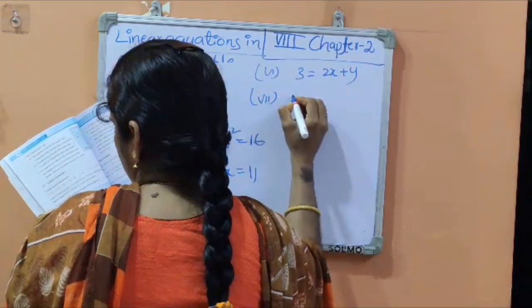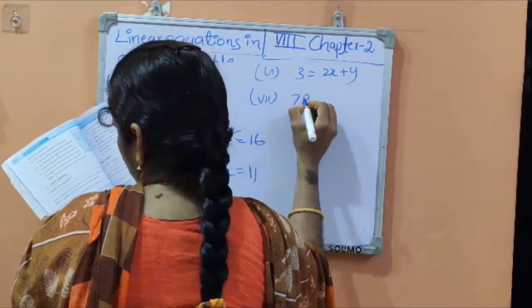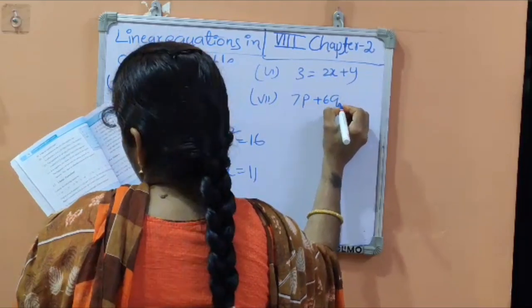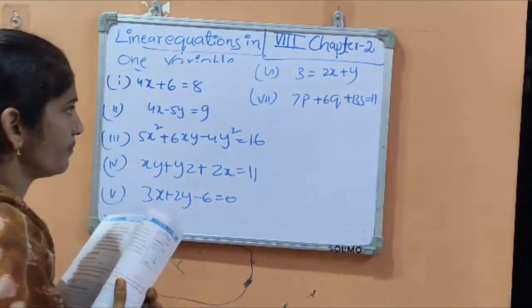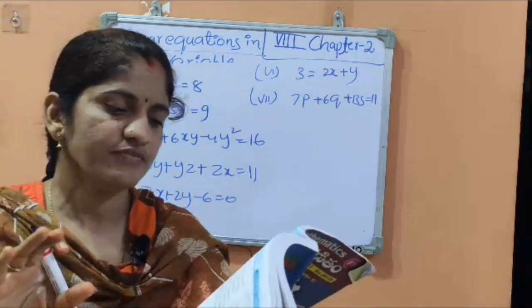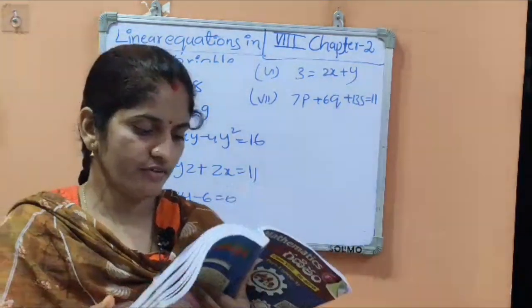The seventh one is 7p plus 6q plus 13s equals 11. So the question is, which of the following are linear equations?